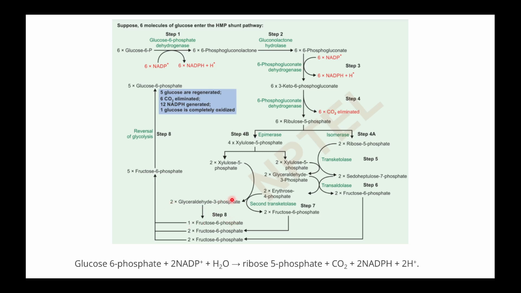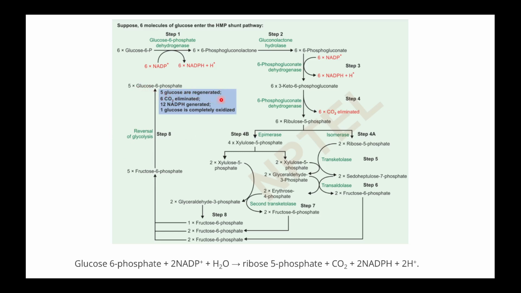So 2 molecules of glyceraldehyde 3-phosphate, that is 2 3 carbon sugars, will in total give 1 6 carbon sugar, that is 1 molecule of fructose 6-phosphate. So how many molecules total are there? 2 plus 2 plus 1, that is 5. Okay, so 5 molecules of fructose 6-phosphate will go back to glucose 6-phosphate, that is the reversal of glycolysis.